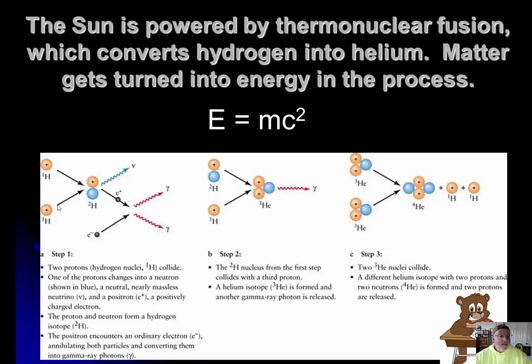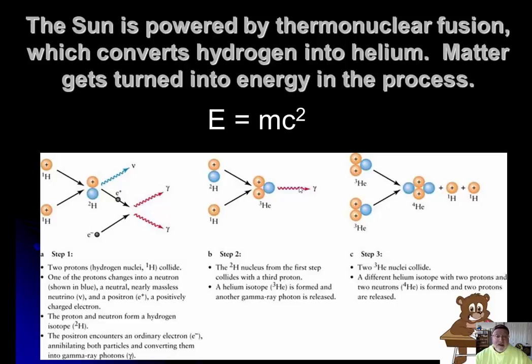So step 1, taking 2 hydrogens and putting them together to make a neutrino, which goes off, and then 2 gamma ray photons. Then we get that with another hydrogen, step 2, to produce helium-3 with a gamma ray photon. And then we get 2 helium-3s coming together to make helium-4 with 2 hydrogens, which can go back and do this again.